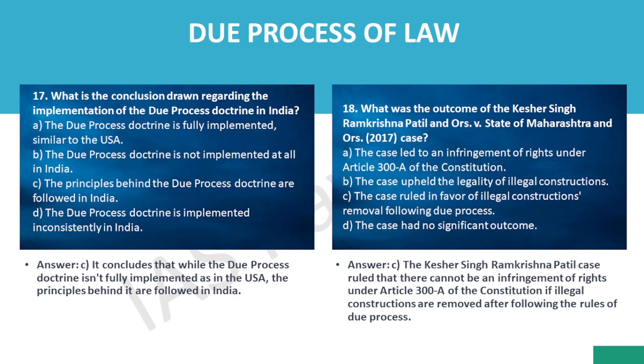C. The case ruled in favor of illegal constructions removal following due process. D. The case had no significant outcome. Answer: C. The Keshar Singh Ramkrishna Patil case ruled that there cannot be an infringement of rights under Article 300A of the Constitution if illegal constructions are removed after following the rules of due process.